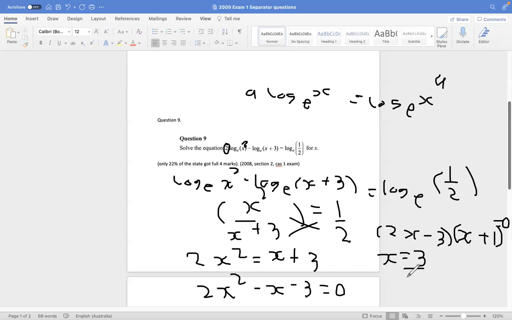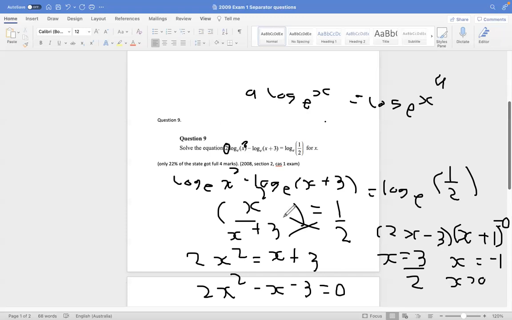And you might be thinking, well, what happens to x plus 1? The reason why we cannot accept x equals -1 is because for any logarithms, the solution must be greater than x equals 0.